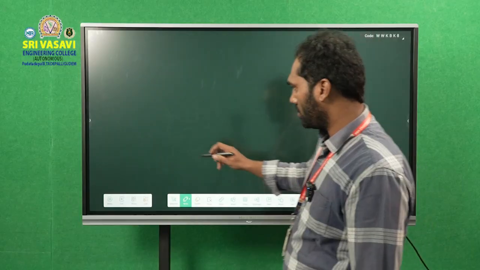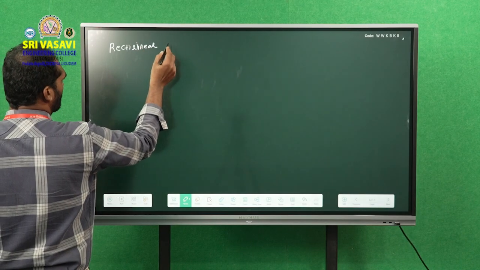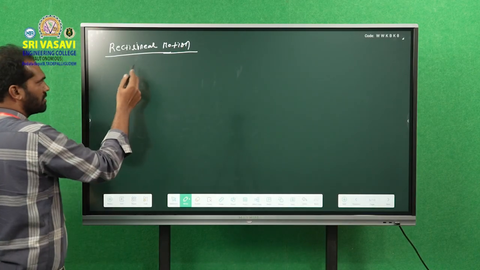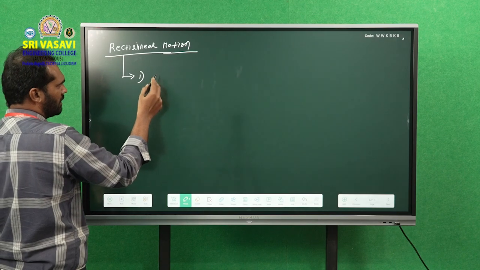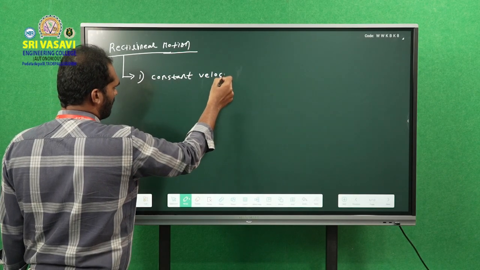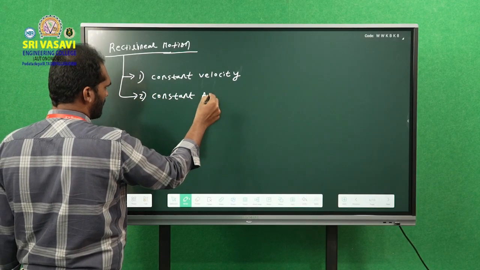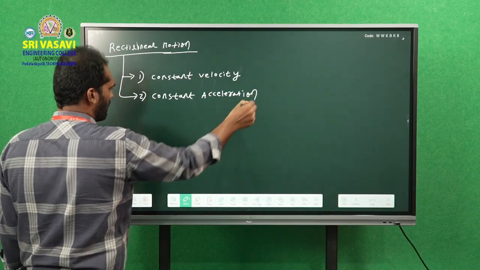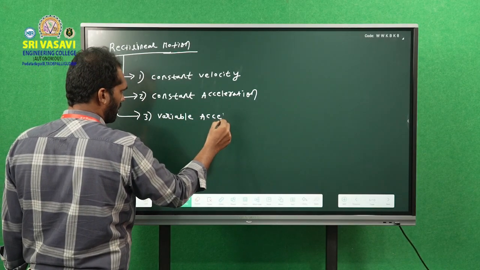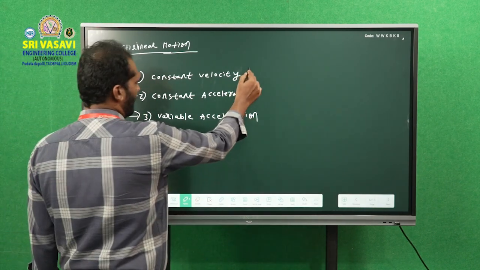The first one is constant velocity, the second one is constant acceleration, and the third one is variable acceleration.